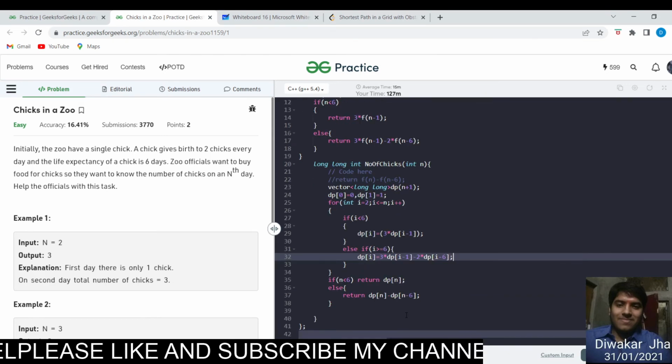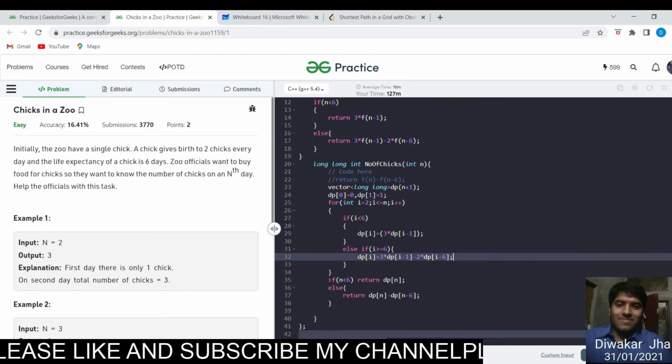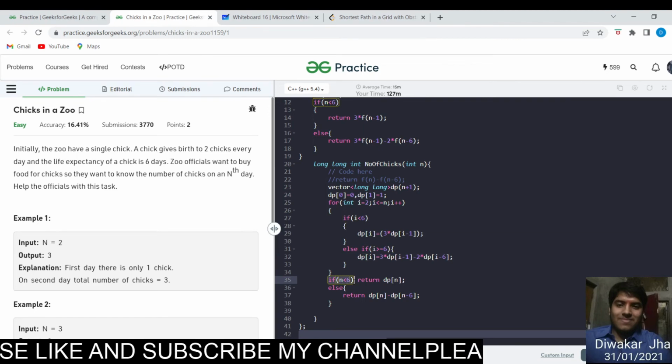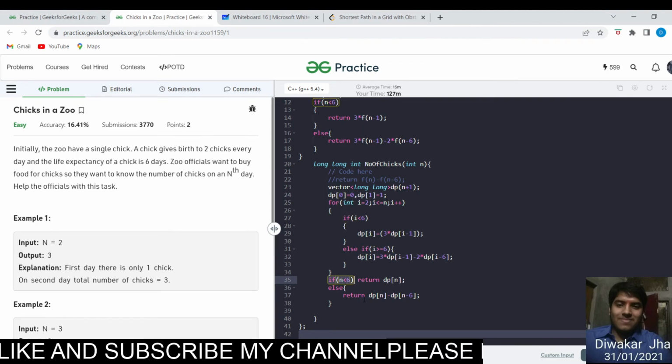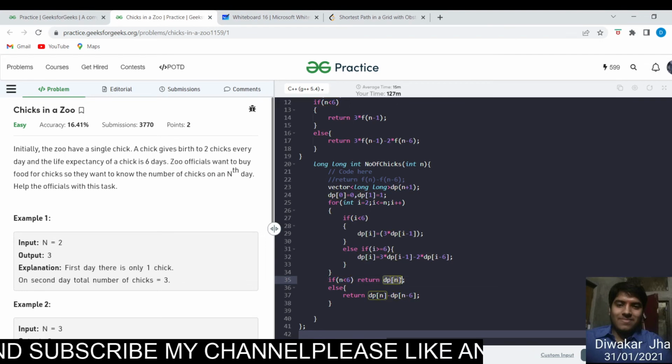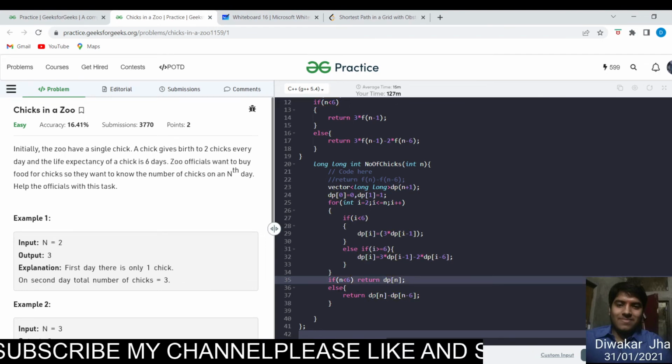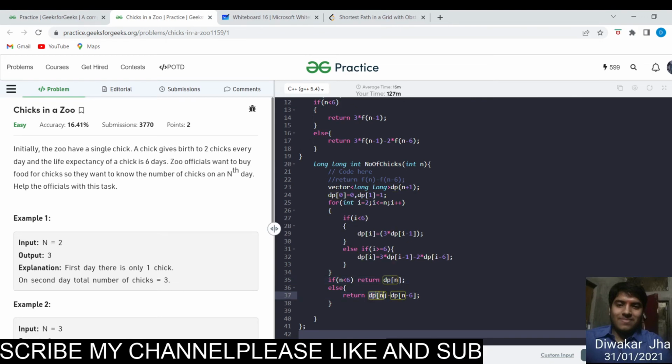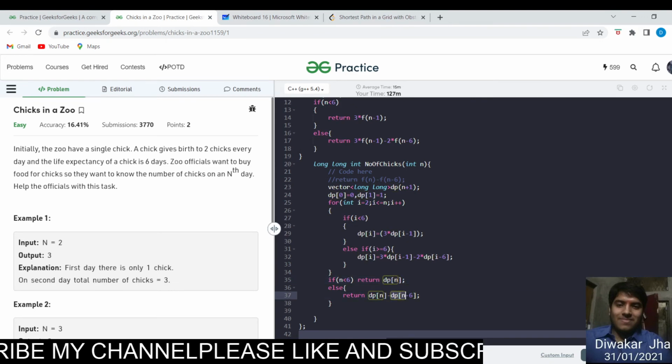And we return in two ways. When our n is less than 6, we simply return dp of n. And in the else part, we return dp[n] minus dp[n minus 6]. Why?